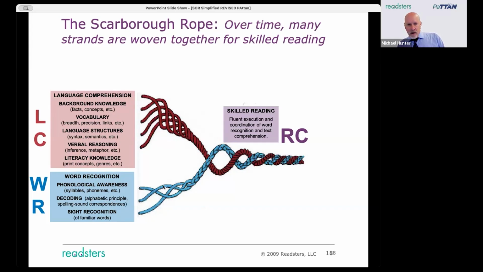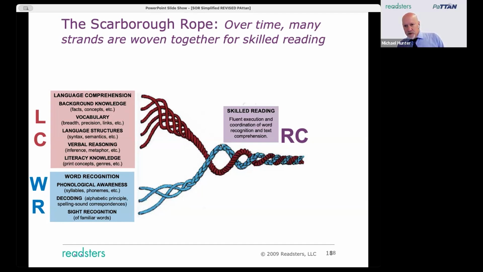And what she did in her metaphor here is she represented all the skills that go into these two domains as strands of yarn that have to develop individually at first, and then as they start to develop, they can start interacting with each other and reinforcing each other, and they become woven to develop a stronger strand or rope.